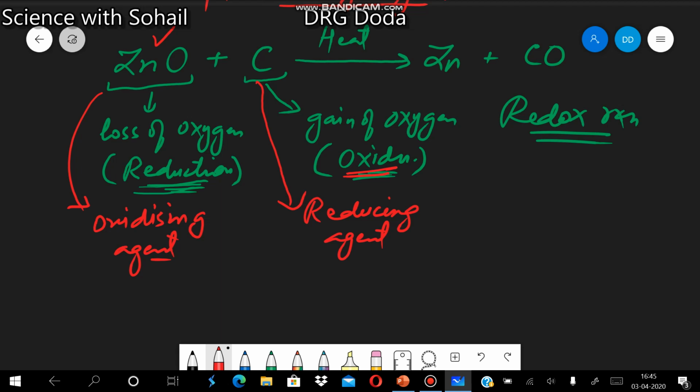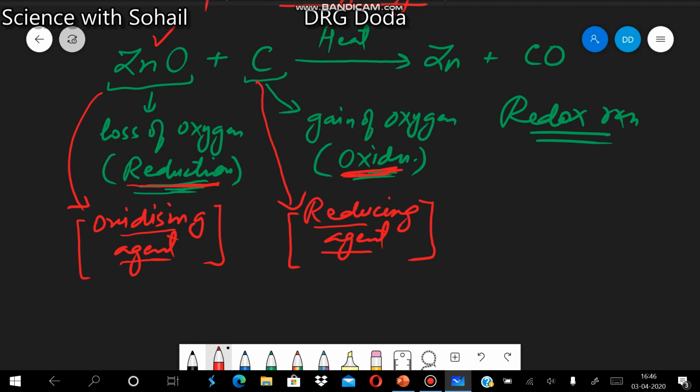Now, in case of zinc oxide, we can see that zinc oxide is undergoing reduction and it is behaving as oxidizing agent. Carbon is undergoing oxidation and it is behaving as reducing agent. So from this we can generalize that the substance that undergoes reduction acts as the oxidizing agent and the substance that undergoes oxidation is known as reducing agent.